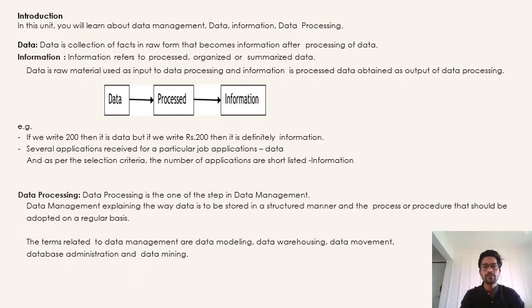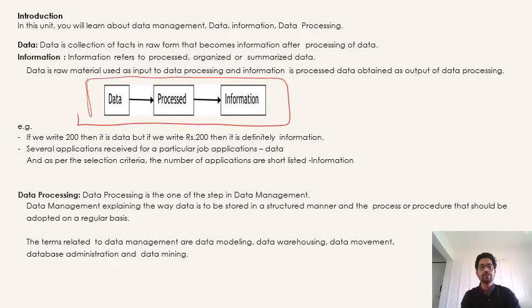Information refers to processed, organized or summarized data. As per this diagram, you can see that data is processed and information is generated.